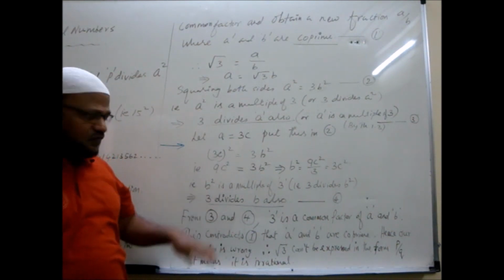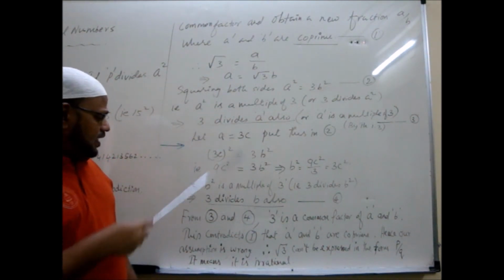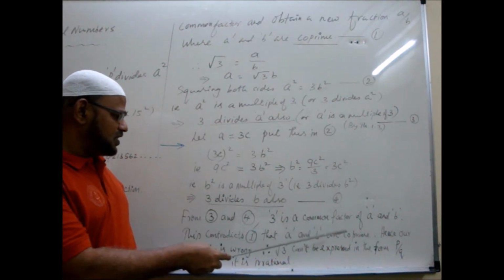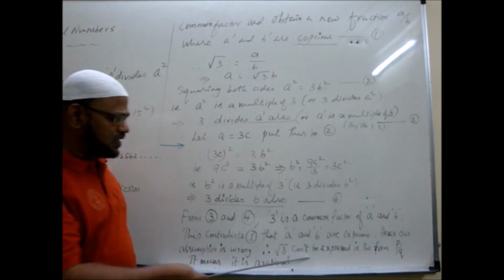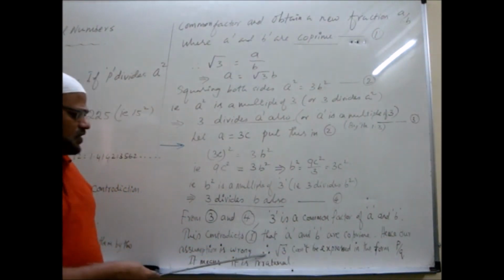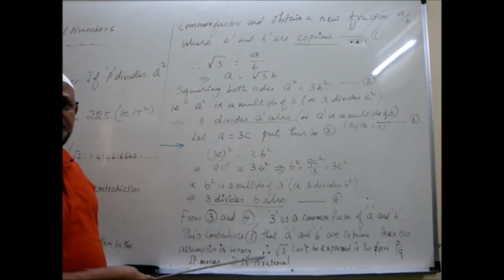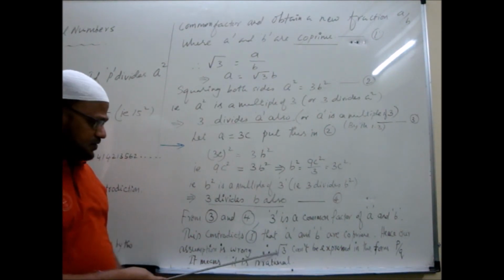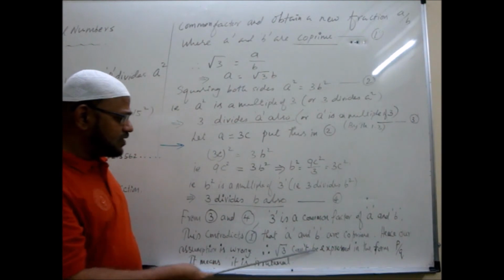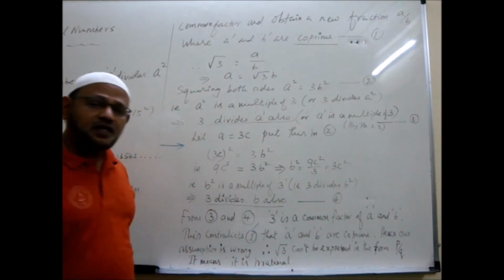So what you conclude from that is root 3 cannot be expressed in the form p by q, where p and q are integers, q not equal to 0. So if root 3 cannot be expressed in that form, what kind of number will it be?